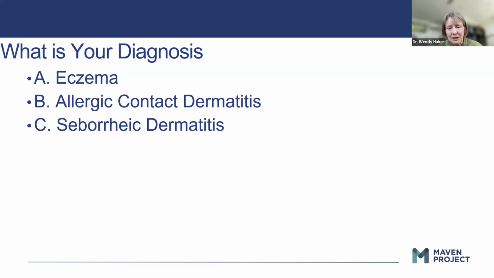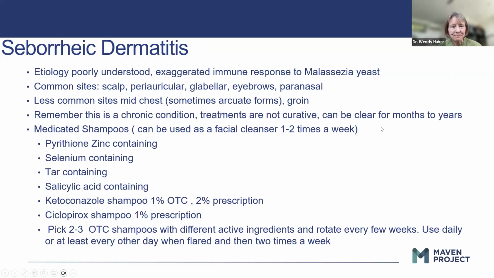Yes, seborrheic dermatitis, perfect. Classic presentation. Thank you. Next slide. My tip for seborrheic dermatitis is the use of medicated shampoos. They can be used as a facial cleanser 1 or 2 times a week. Typically, people don't like using the tar-containing shampoos in that manner.